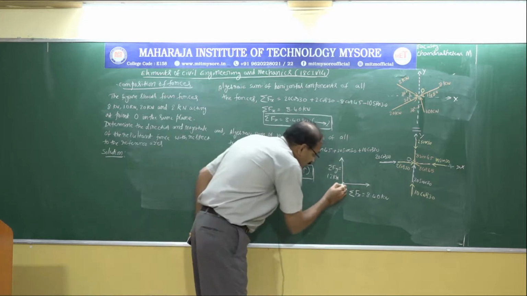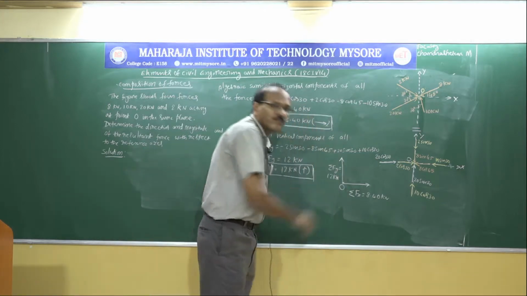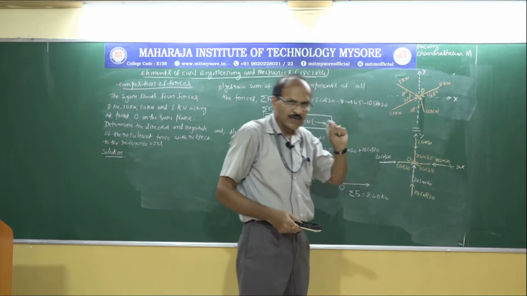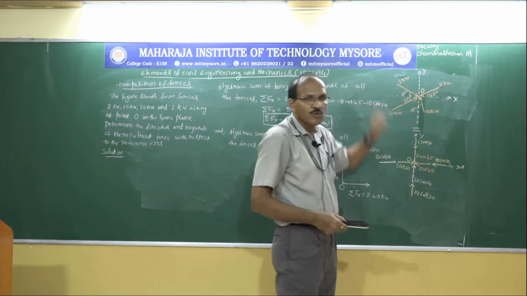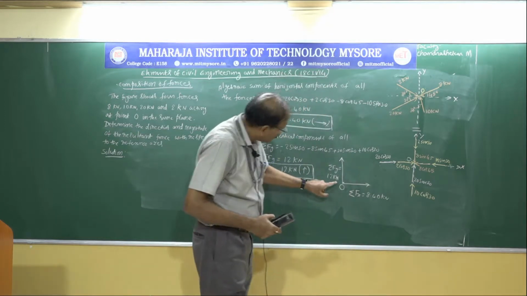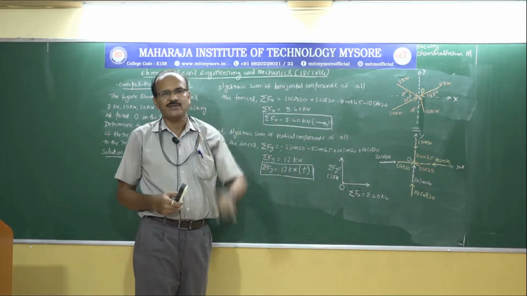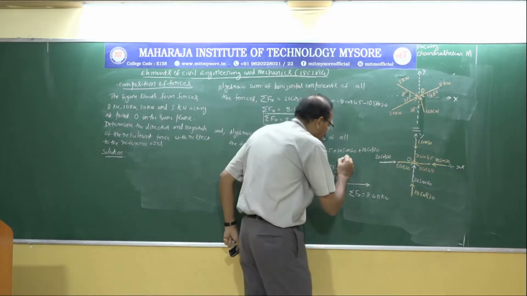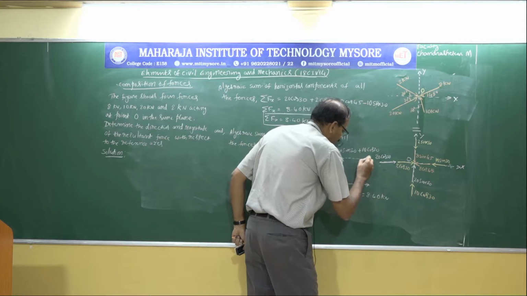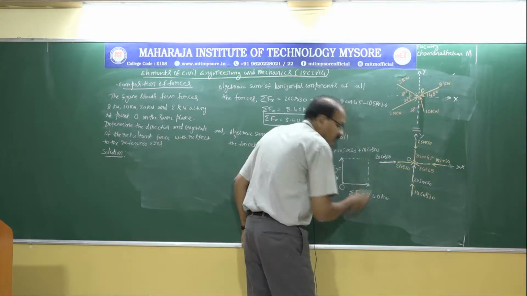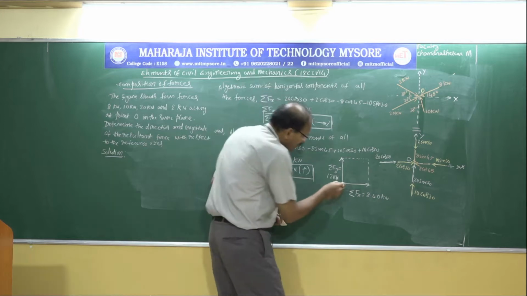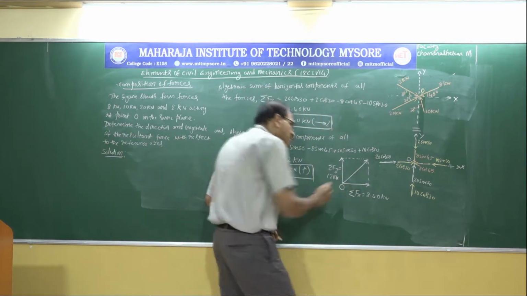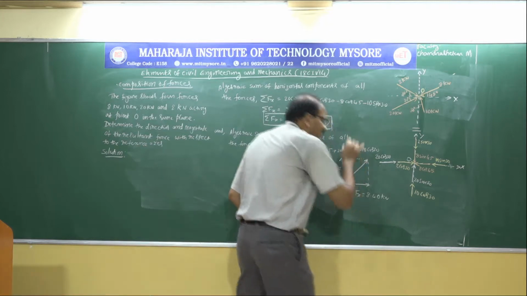And of course, this is the point O, because when all these forces are acting at point O, the resultant should also be acting at the same point. So after writing this, I am going to complete this rectangle. And if I join this diagonal, this is going to be the resultant.